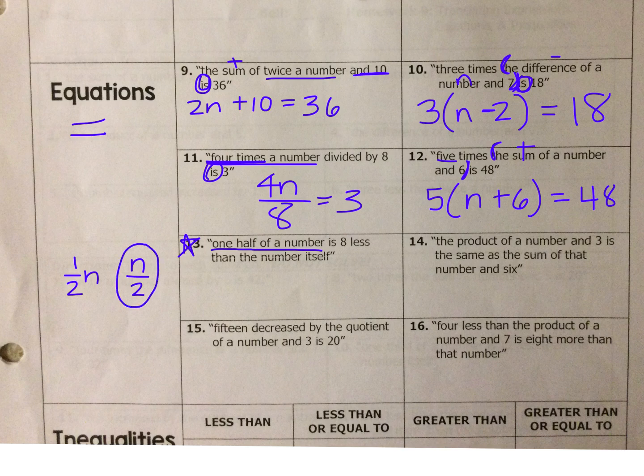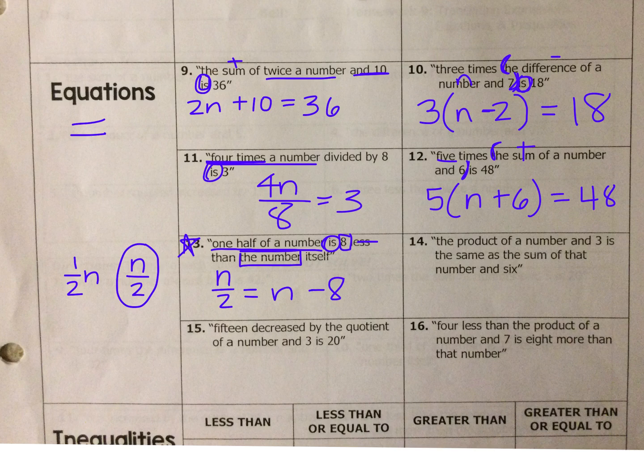This is the more grown-up math way to write it. So let's do that. 1/2 of a number is equals 8 less than the number itself. So we're going to take the back and move it to the front, and the front and move it to the back. And we're looking for less than, which is subtraction.